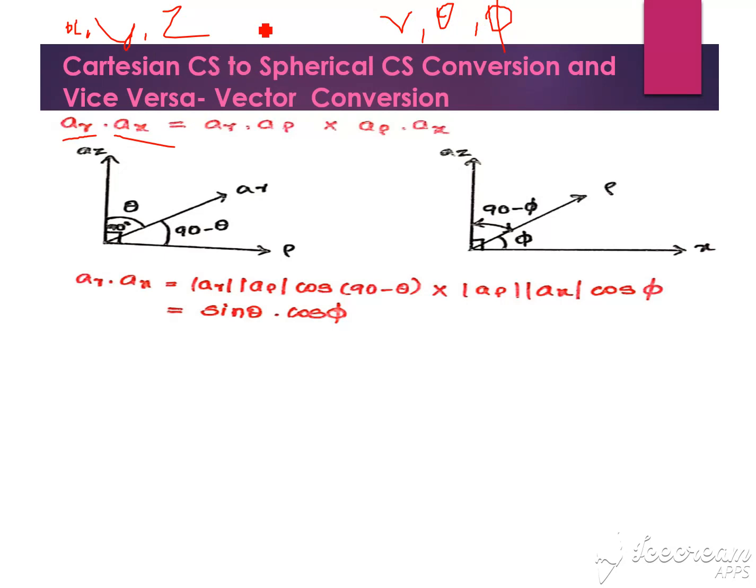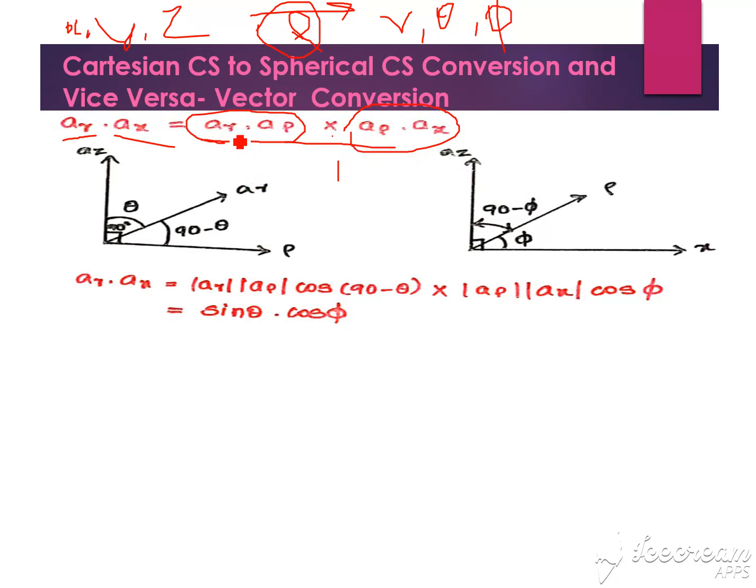So we can't directly correlate these two. For that we need to interconnect these two coordinate systems by means of the cylindrical coordinate term rho. So I simply multiply by A rho dot A rho, whose value is 1. Then AR dot AX becomes AR dot A rho multiplied with A rho dot AX.